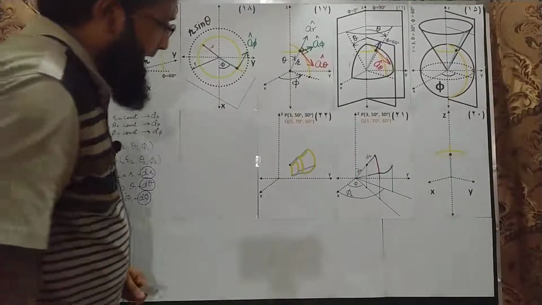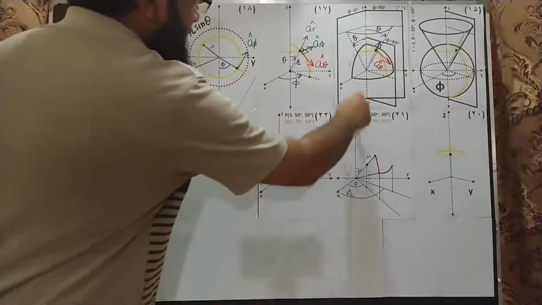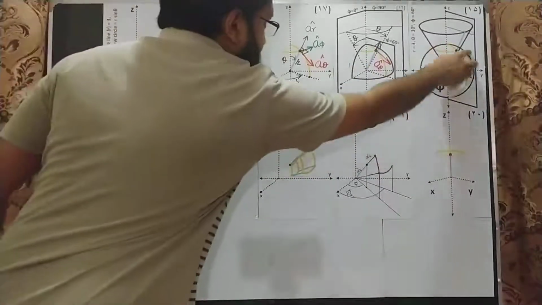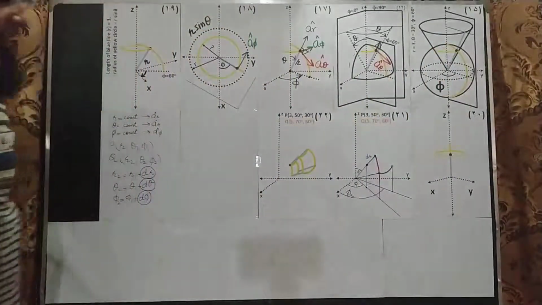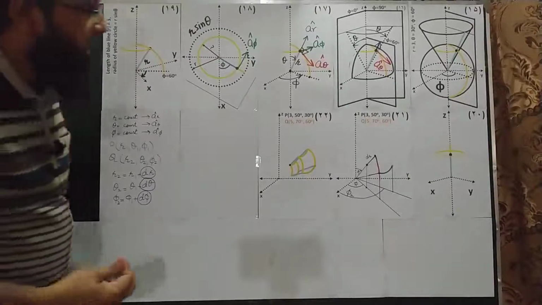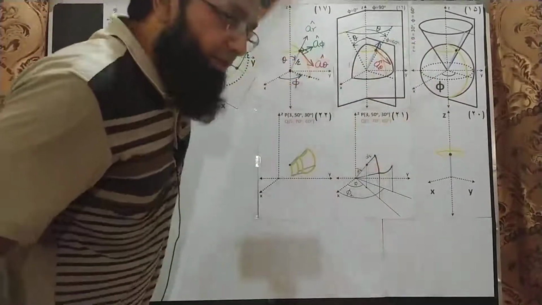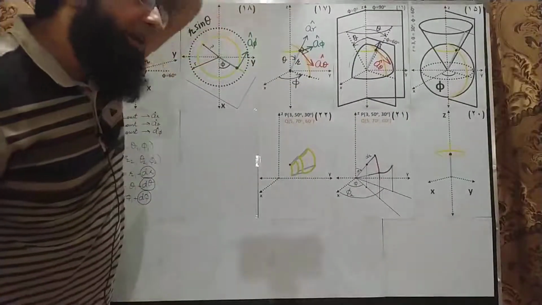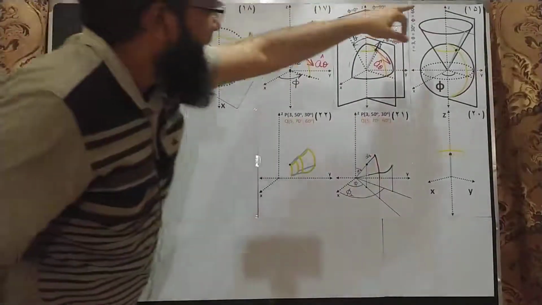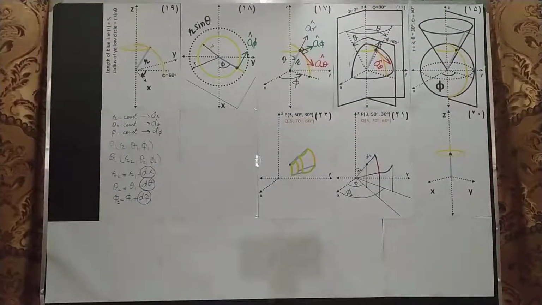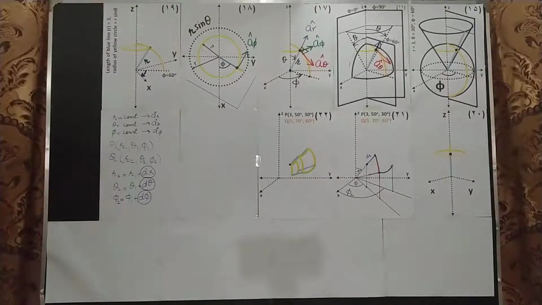Remember that only this sphere is constant, is finite. All the other surfaces are infinite: theta equals constant is an infinite cone having infinite height, and phi equals constant is a radial plane of infinite height and infinite width.